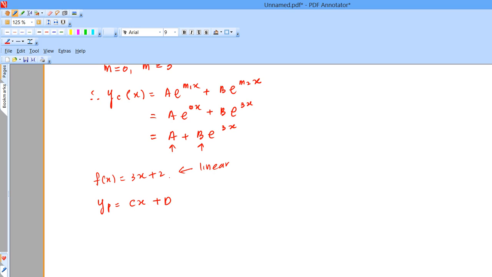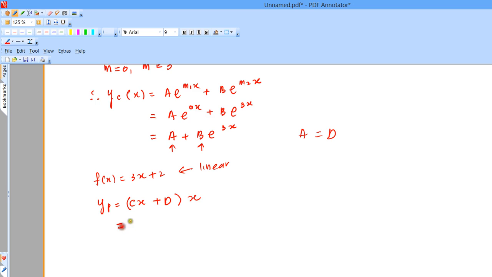Here we have the same term. The same term here is a equal to d, so a can be 1 and d also can be 1. So since we have a similar term here, you need to multiply this yp by x.